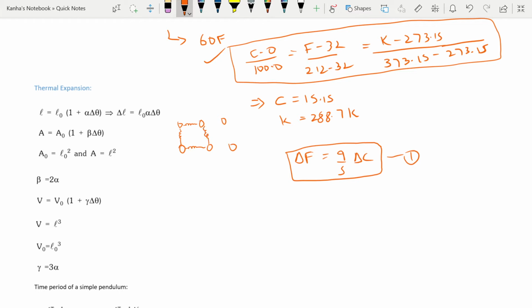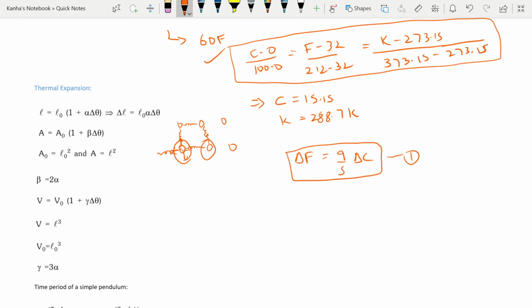Okay, and because the atoms are vibrating, a single atom can vibrate in all the directions with springs attached to it. So what happens is, if you increase the temperature, then the vibrations that these atoms can take increase. Okay, and due to this, the matter as a whole tends to expand.